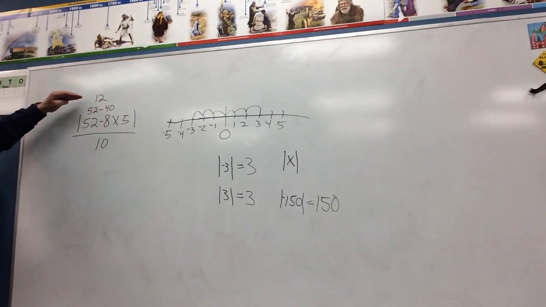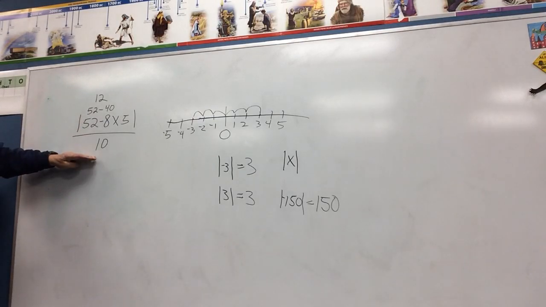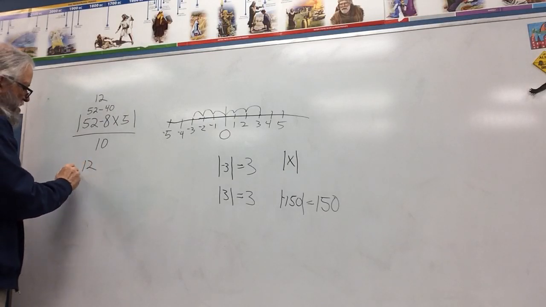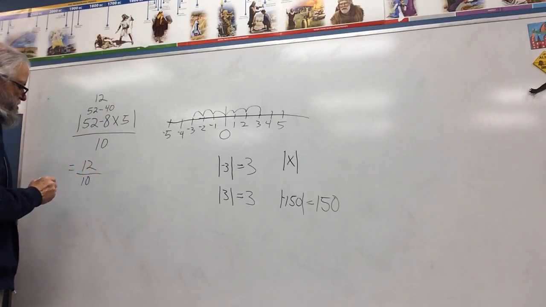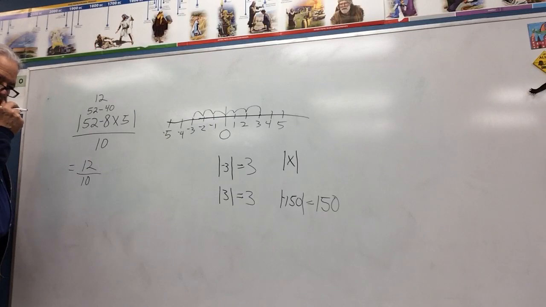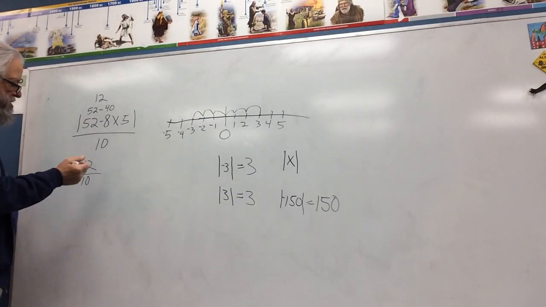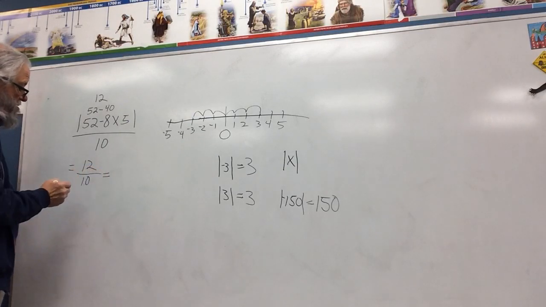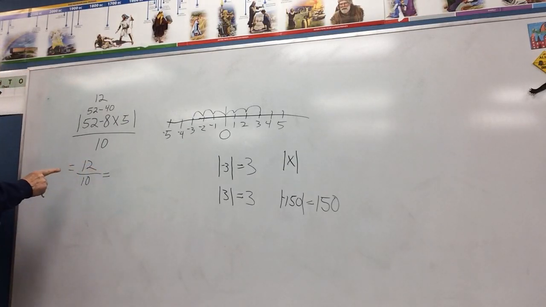So what that's saying now then is the absolute value of 12 over 10. So the absolute value of 12 is 12 over 10. Okay? So since it said simplify, I'm not done yet. I've got an improper fraction.